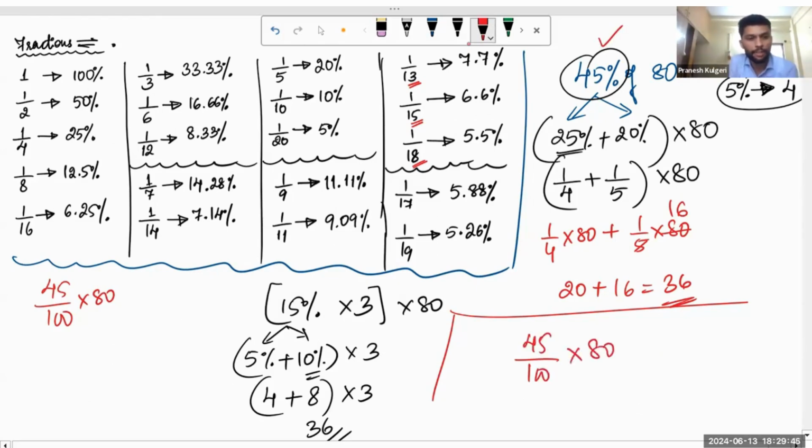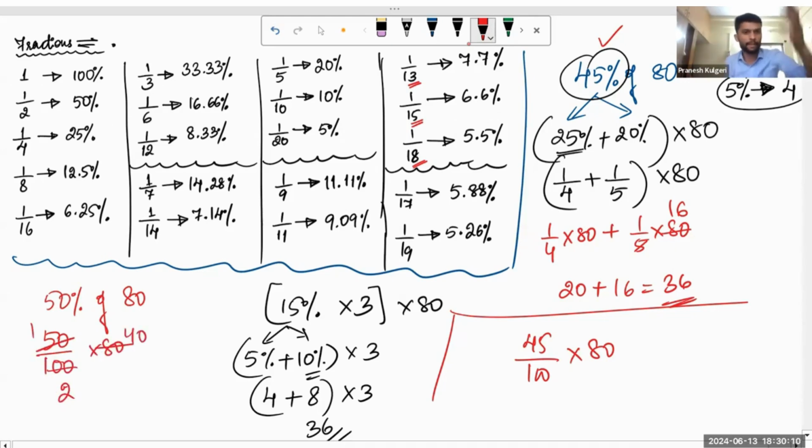The way you're doing it is also right. If I want to know what is 50% of 80, everyone knows the answer because it is half of it. But technically, it is half only because 50% is 50 by 100 into 80, which in turn is 1 by 2, 40.